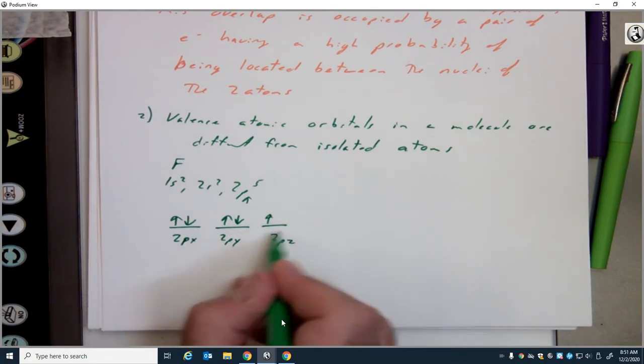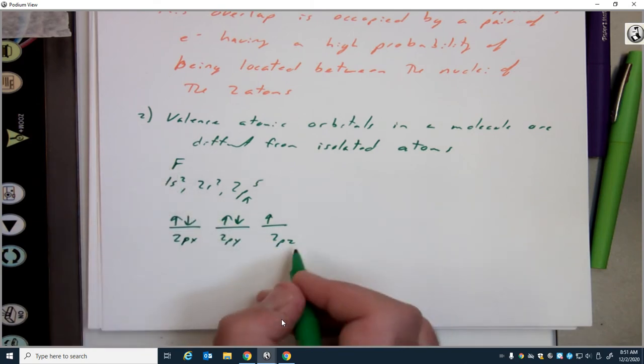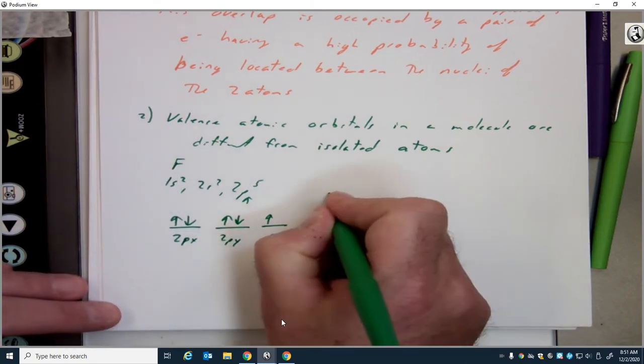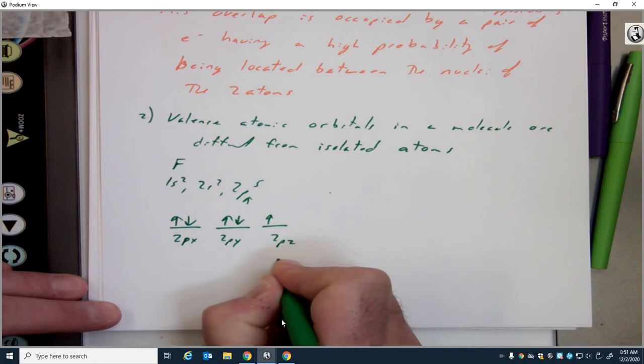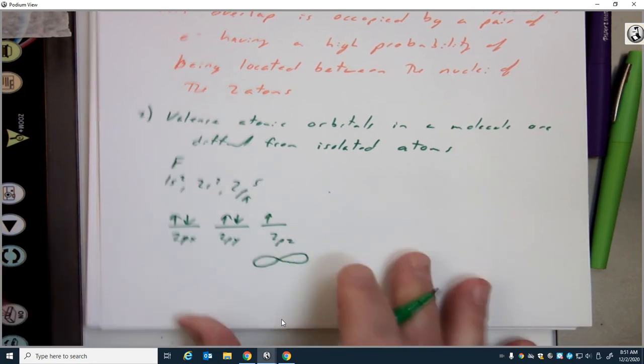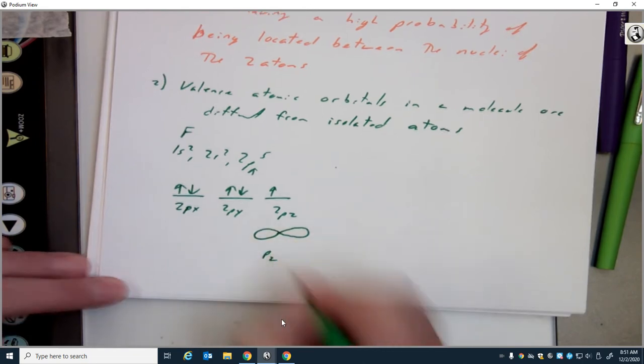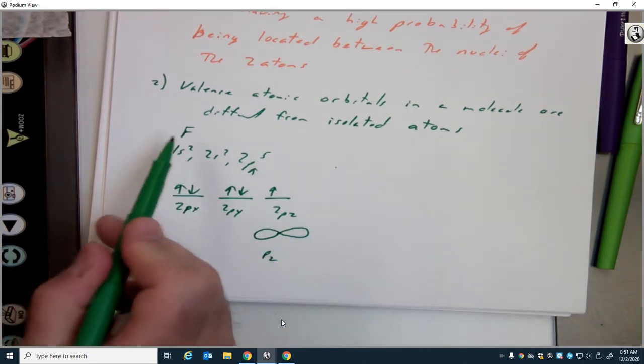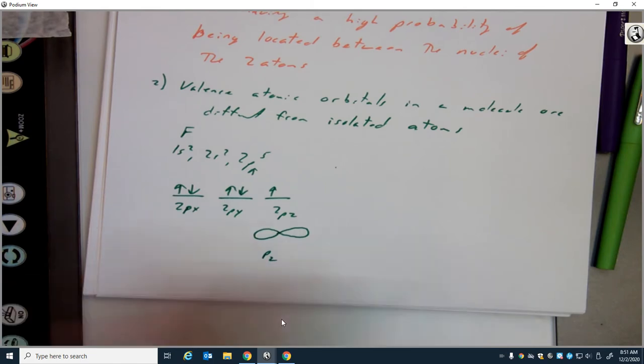What's the shape of this p orbital when it's by itself? The pz orbital would have the structure of that dumbbell. This is what that pz orbital would look like if fluorine is by itself.